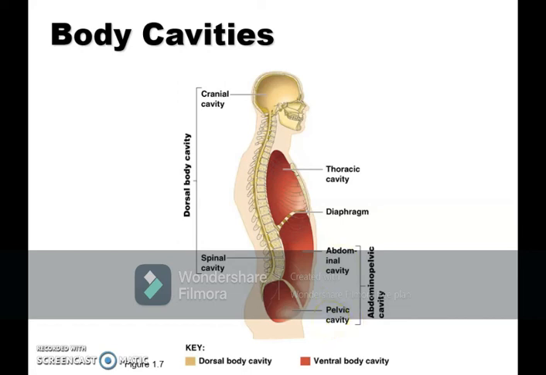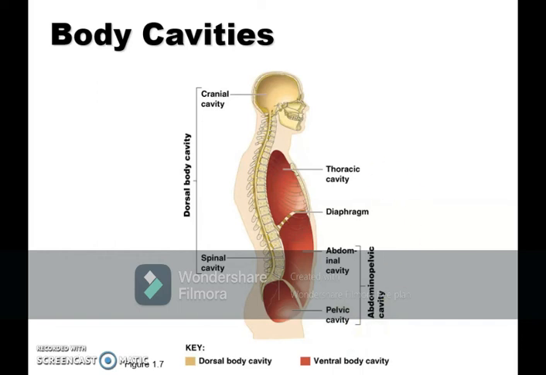The abdominal cavity contains most of the gastrointestinal tract, as well as the kidneys and adrenal glands. It is bound cranially by the diaphragm, laterally by the body wall, and caudally by the pelvic cavity. The pelvic cavity contains most of the urogenital system as well as the rectum.